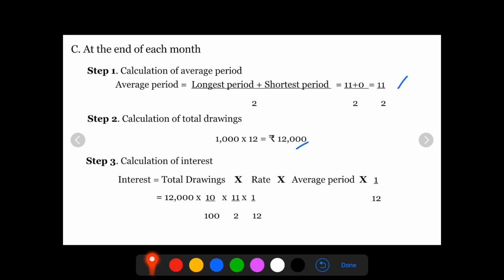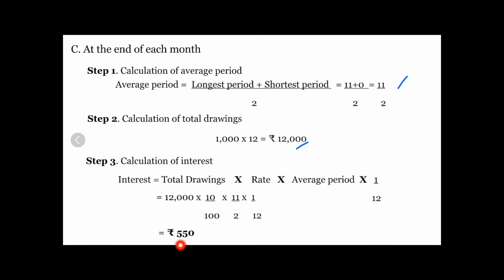So the interest on drawings at the end of each month will be rupees 550. So we have done it for the beginning of each month, the middle of each month, and the end of each month.